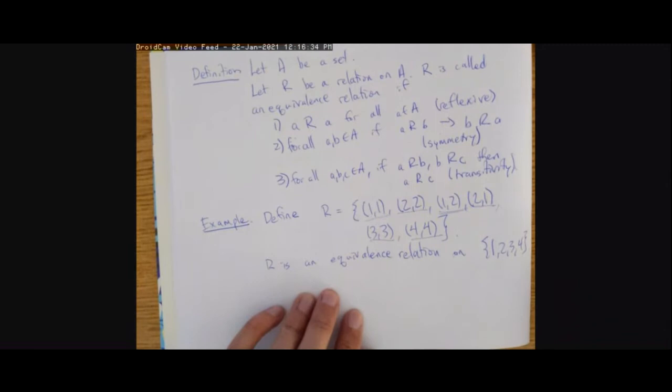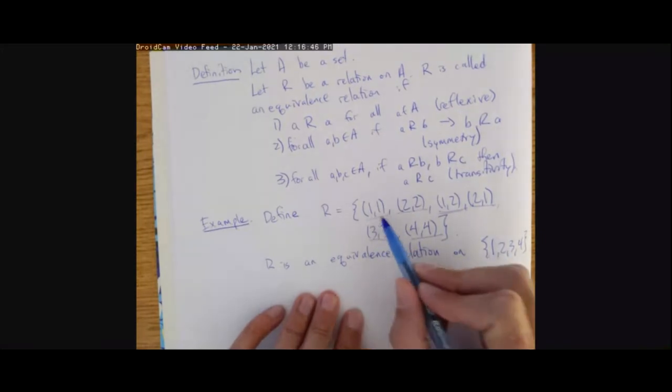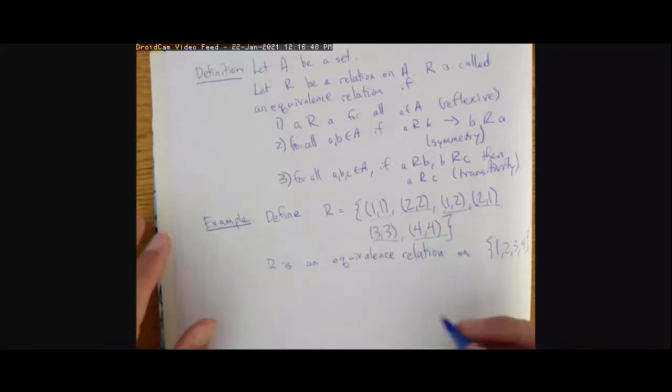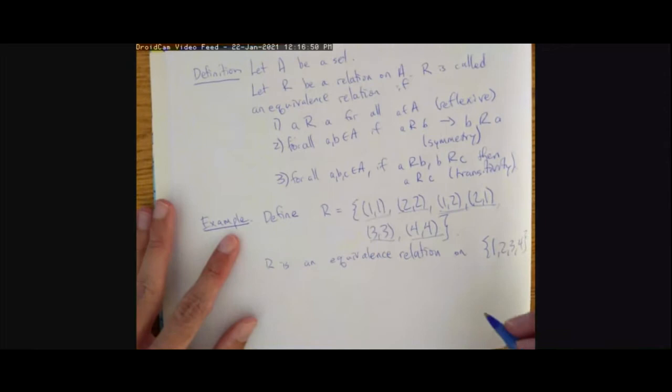And actually for this example, it would be much easier to group the elements of A according to what is equivalent to what. If you do that, you see that 1 and 2 are equivalent.